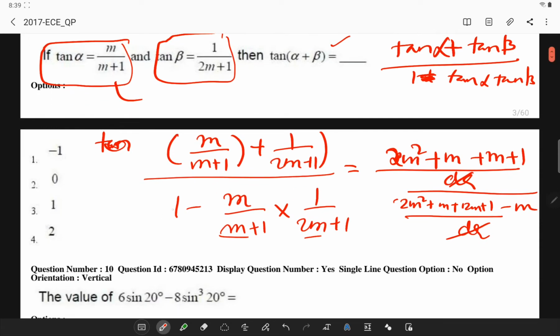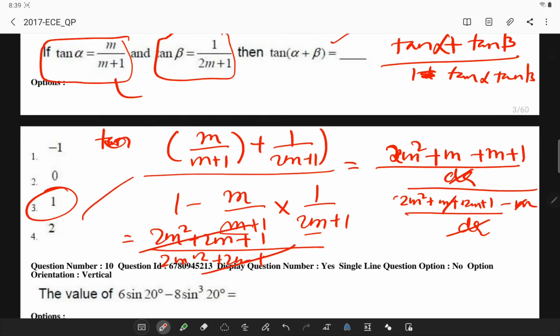So denominators get cancelled. I will be left with 2m square plus 2m plus 1 divided by 2m square. Here I have 2m, this and this gets cancelled. 2m square plus 2m plus 1. So denominator and numerator get cancelled. Answer is 1.